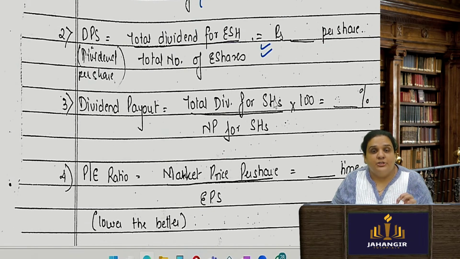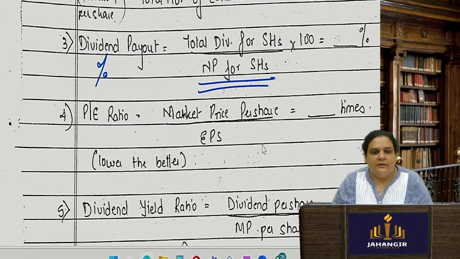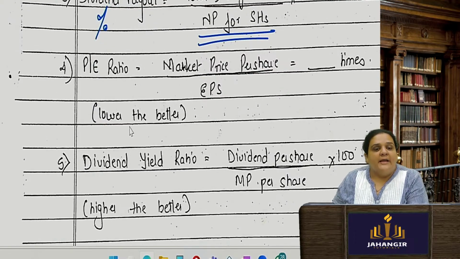Dividend payout ratio is always in percentage: total dividend upon the net profit for shareholders. How much dividend you are paying upon the total net profit available for equity shareholders will give you the dividend payout ratio.